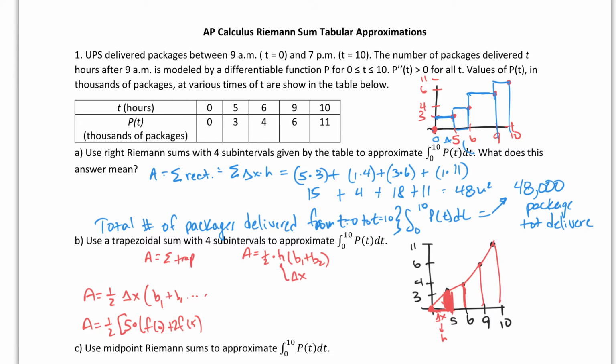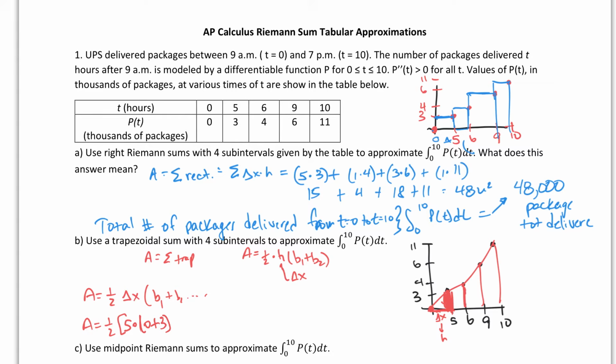So instead of saying f of 0, I'm just going to put in our heights right now since we know what those are. This is going to be a height of 0, plus a height of 3. I think it'll be easier for you to understand if I do it this way instead of the 2 times right now, because my delta x is not uniform.